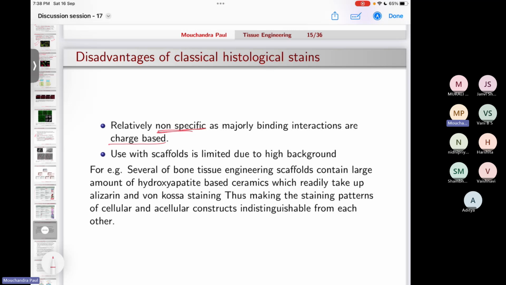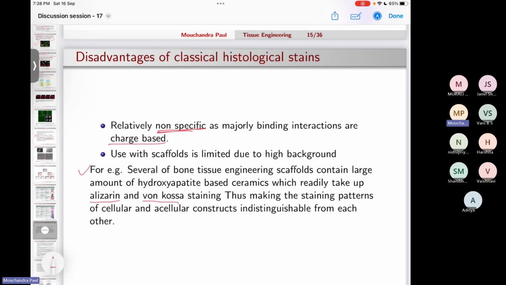This is another example that shows you how it can become a limitation when you're using these stains with different kinds of scaffolds. So for bone tissue engineering, the scaffolds that are used are largely made up of hydroxyapatite-based ceramics. Okay, and these ceramics, these hydroxyapatites, if you search in Google, you will see calcium and phosphate groups are there. And these ceramics usually take up the alizarin red and von Kossa staining.